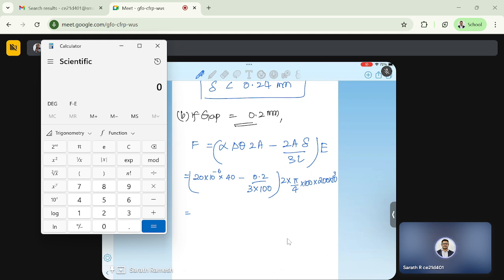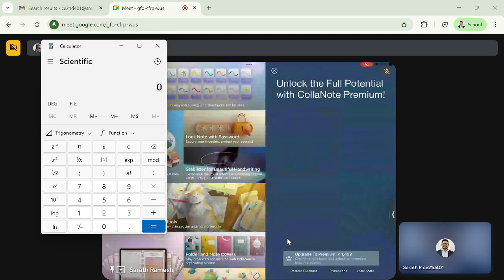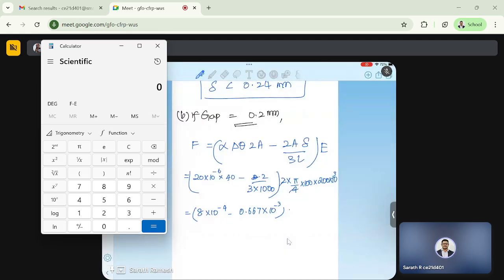Okay, so this will be 2 4s are 8, 10 power minus 4, minus this 2 divided by 10. So 2 by 3 is 0.667 into 10 power minus 3. This will be 5 by 4 is there. 1 2s are 2, 2 ones are 200, so 10 square, 10 square, 10 power 4, 10 power 7, pi into 10 power 7.